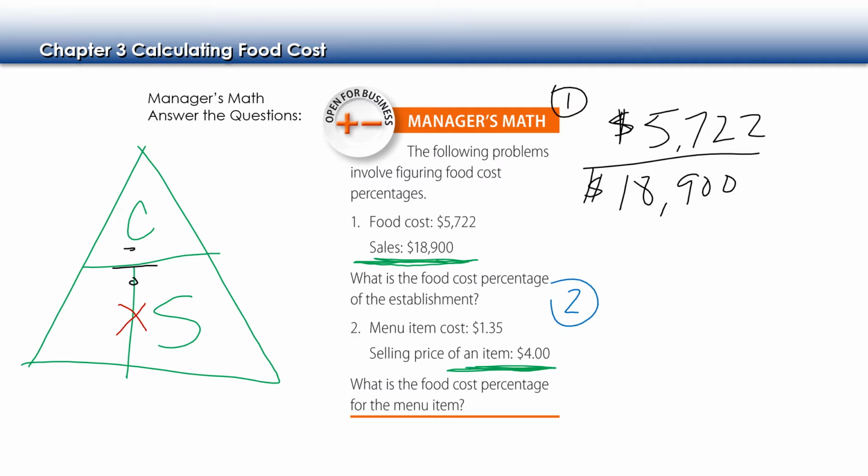Okay, and so the same thing applies. We have our cost of $1.35. We divide that by our $4 menu price or selling price, and we will get a specific number. I'm going to go ahead and pause for a moment for you to work these two problems out, and I'll come back with the answers.